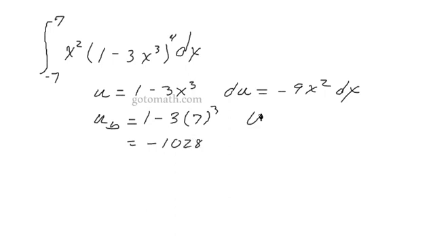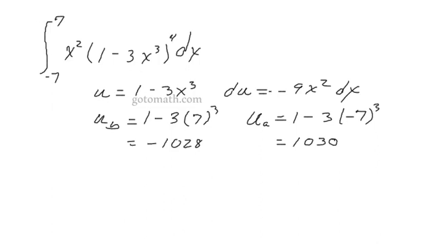And we'll just go ahead and do the lower bound here. So this is 1 minus 3 times negative 7, and it is cubed, and we get a nice number, 1030. Right?